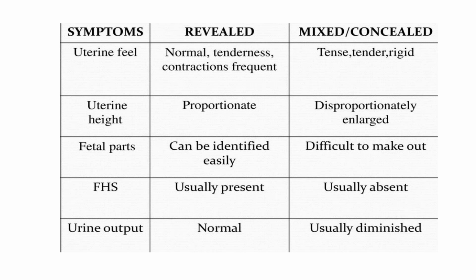So these are the symptoms of revealed and mixed. Concealed or mixed means, as I told you, there can be hematoma formation, but the exact hemorrhage which has occurred does not corroborate with the signs.